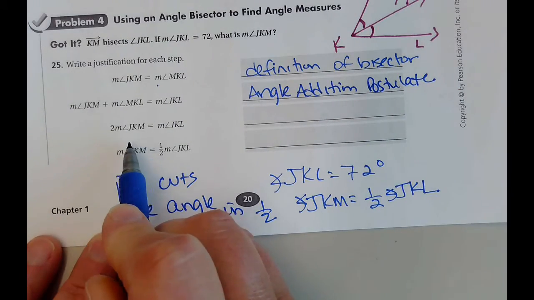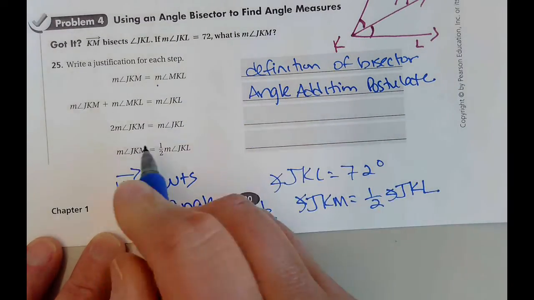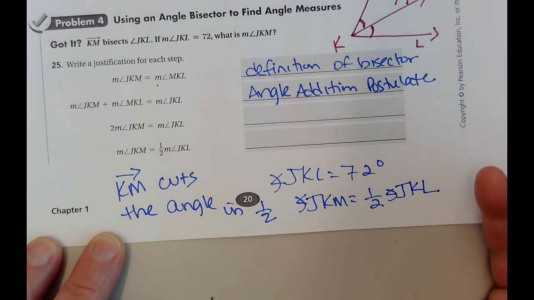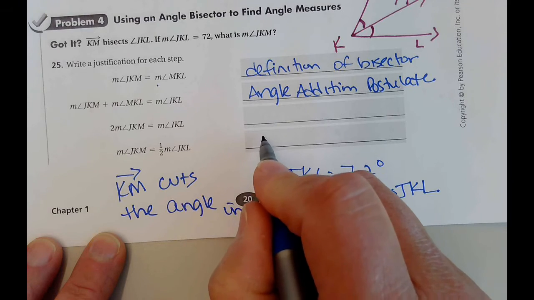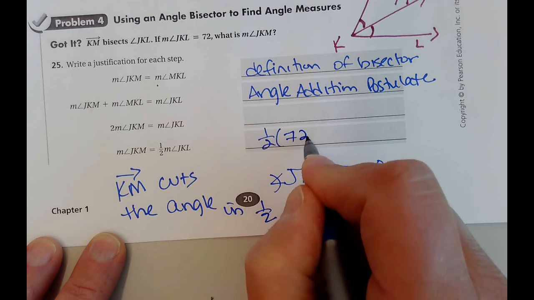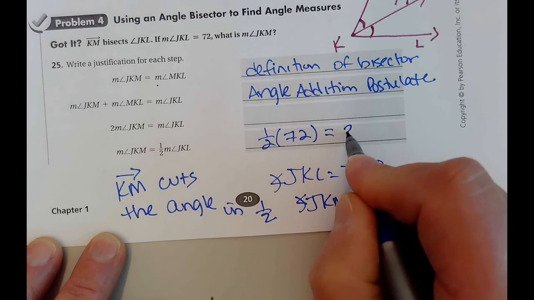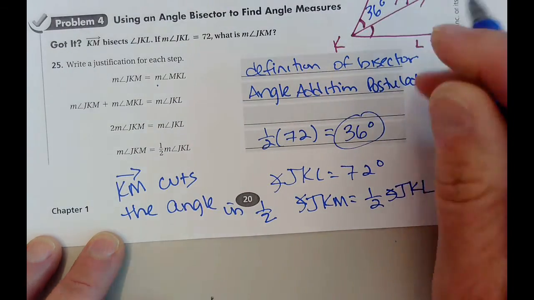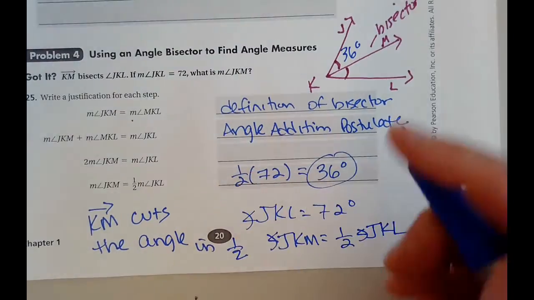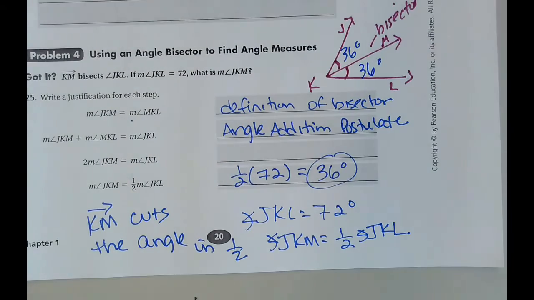Two times JKM equals that because that's what 1/2 means. Okay, so what we know is that 1/2 of 72 degrees is going to be 36, which is going to be the measure of each of those angles. And that's angle bisectors.